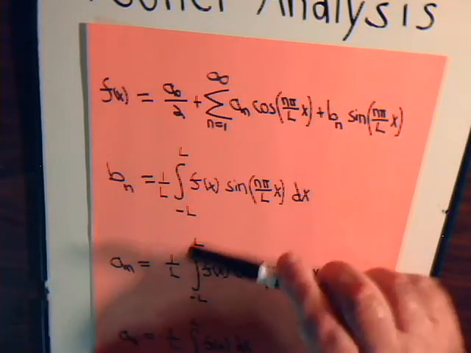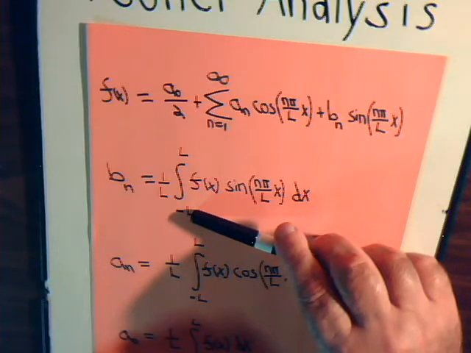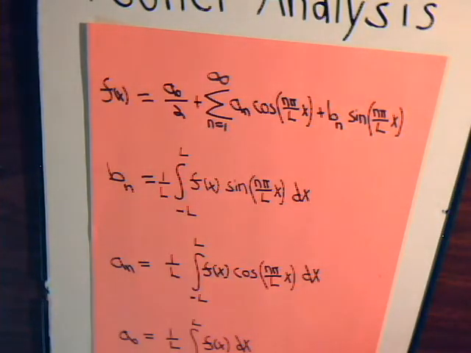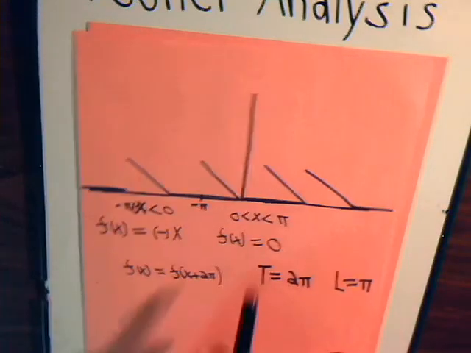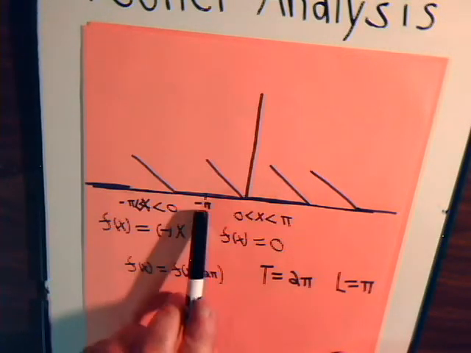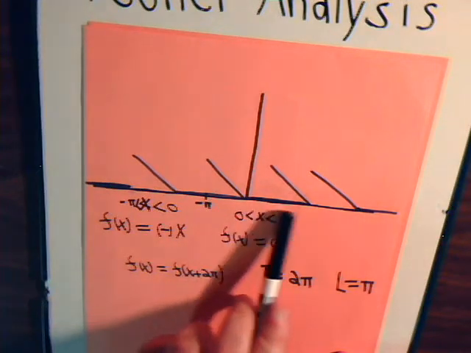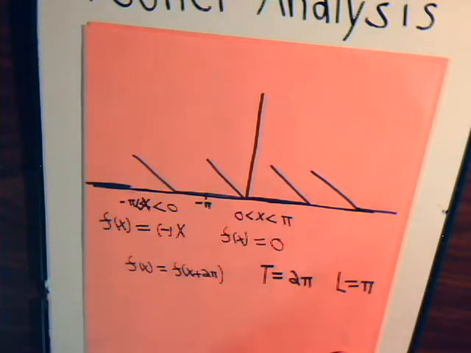Again, the full period goes from minus pi to plus pi, but from minus pi to 0, it's minus x, and then the rest of the function is just 0 throughout the rest of the period.